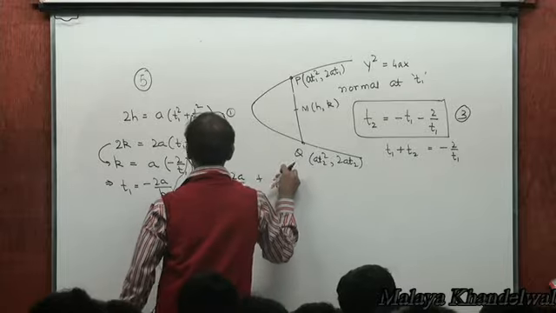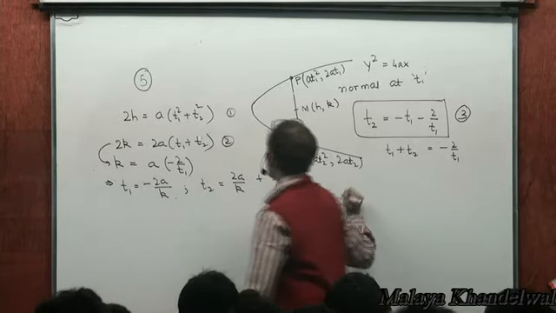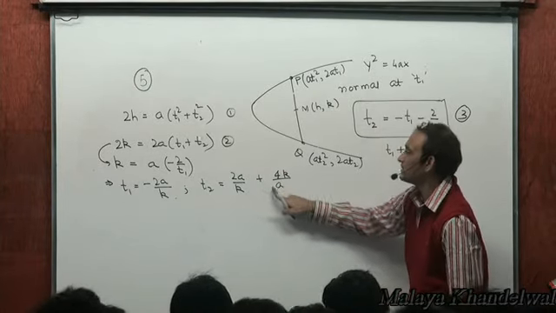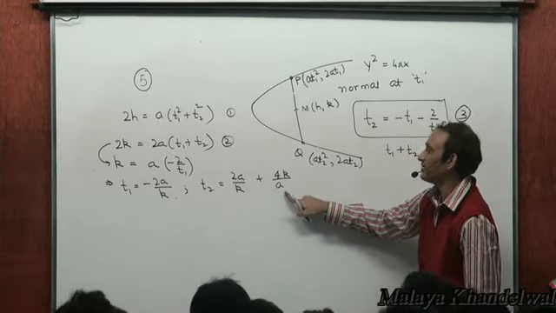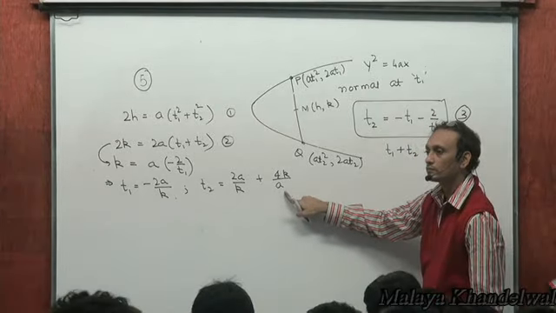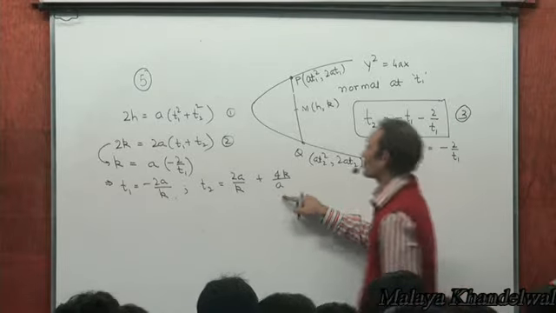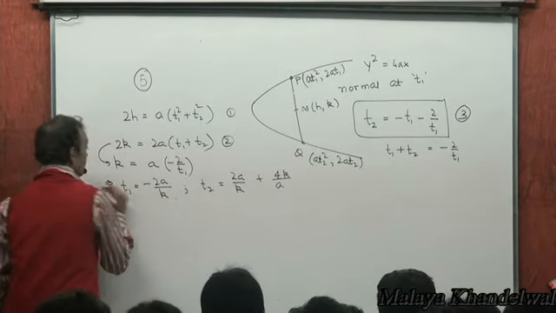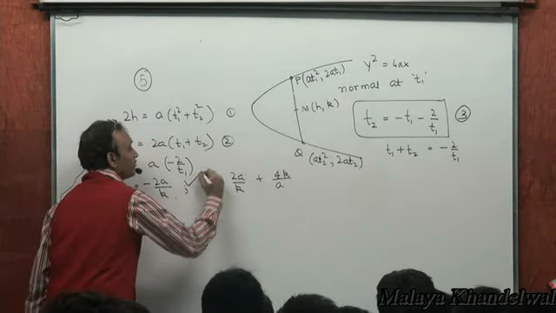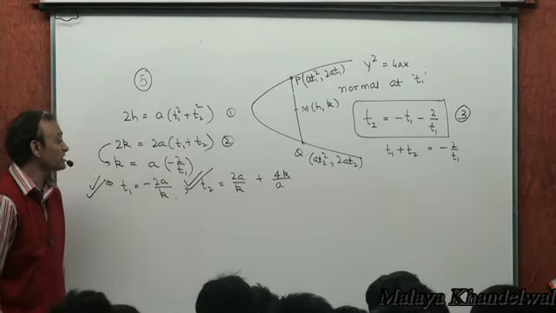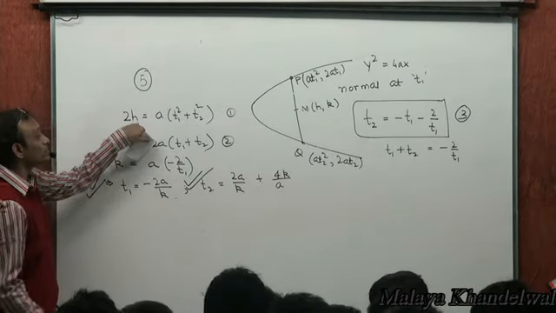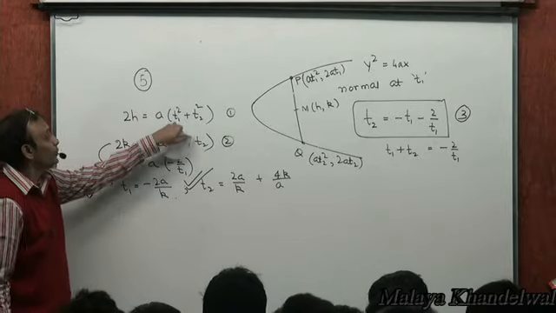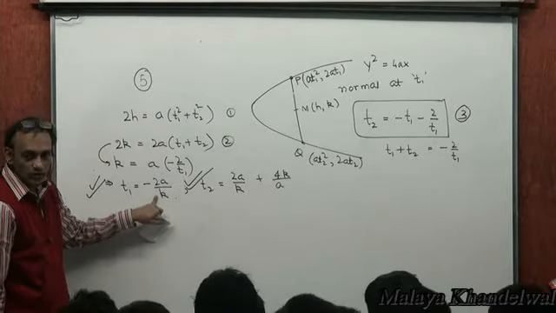So T2 then would be minus T1, which is 2a by k, minus 2 by T1, which is 4k by a. T2 equal to minus T1 minus 2 by T1. Yes or no? So then we have T1 available, we have T2 available in terms of h and k. All that you need to do is come back to equation 1, put T1 equal to minus 2a by k.